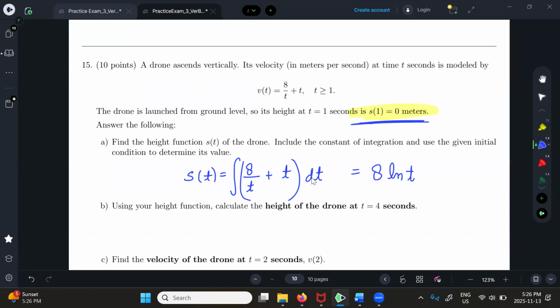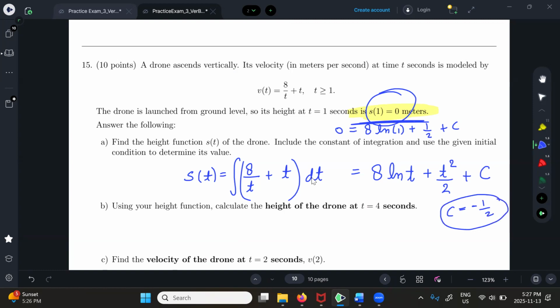8 ln t plus t squared over 2 plus C. And you know there will be a plus C because you have to find it. So 0 equals 8 ln 1 plus 1 over 2 plus C. So C is, see, if you don't give me an answer, we are stuck here.